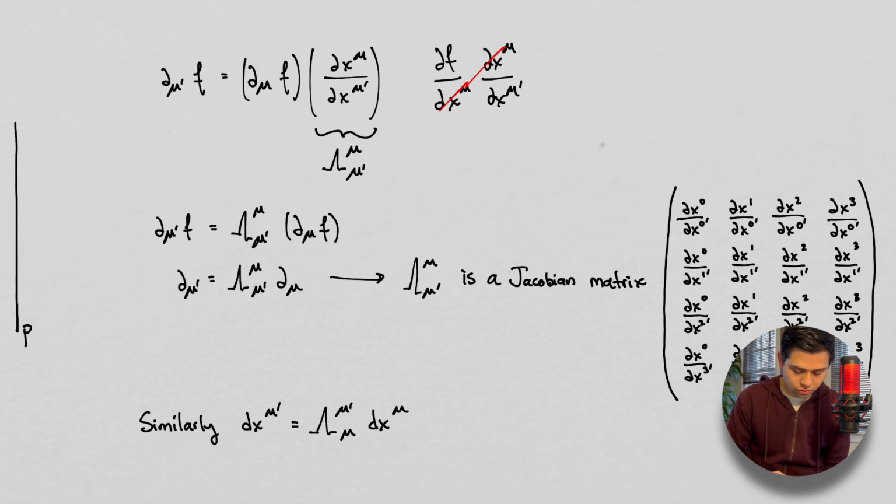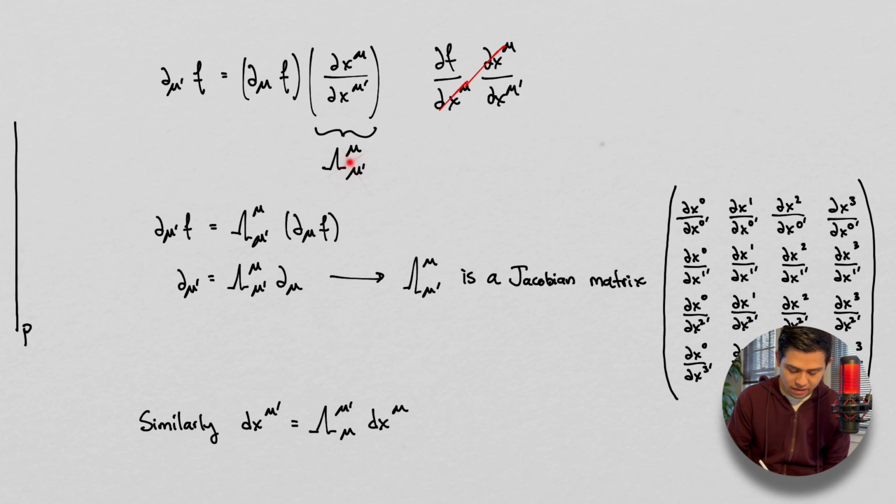So what is this? This guy right here we're going to call a matrix. And this matrix looks like this: nu prime on the bottom, which is the new coordinate basis, and mu on the top, which is the old.